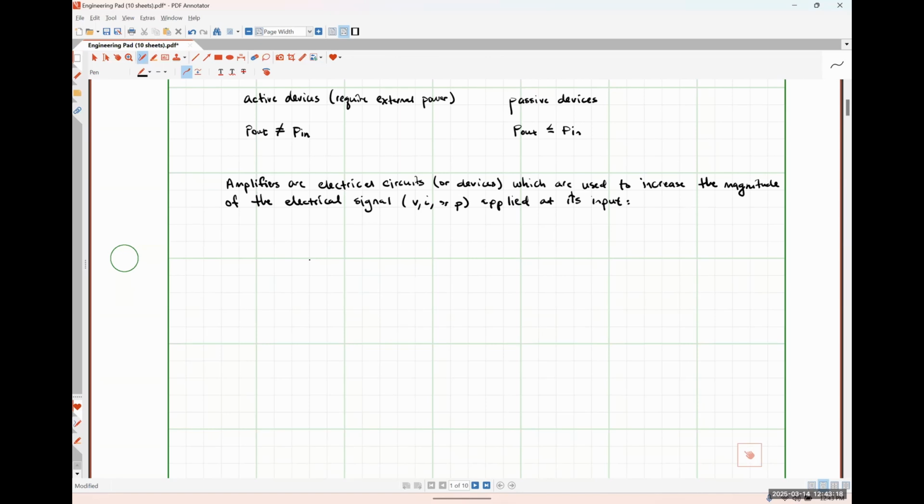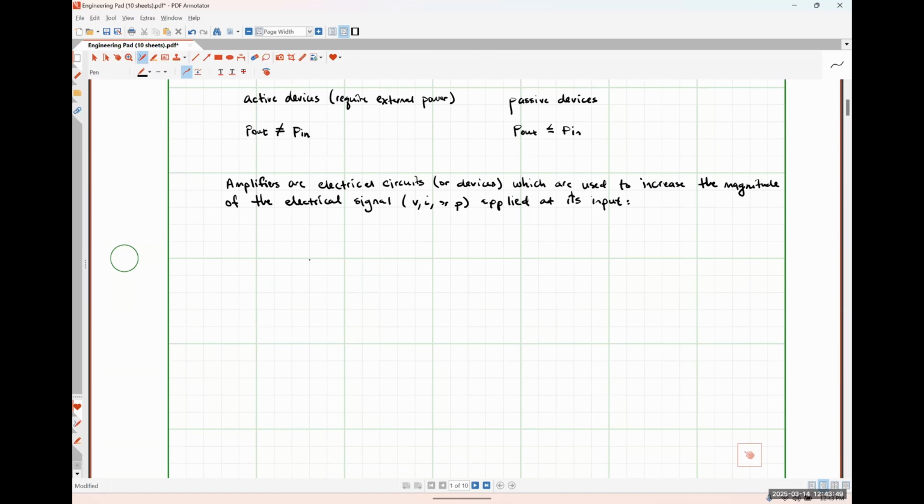Is P_L always not bigger than P_E? So it depends. We can use an amplifier to attenuate signals as well in some specific cases, so our output signal doesn't necessarily have to be larger than our input signal. That's why I just put not equal to. There's nothing explicitly stating that the output signal power of an amplifier has to be greater than the input.